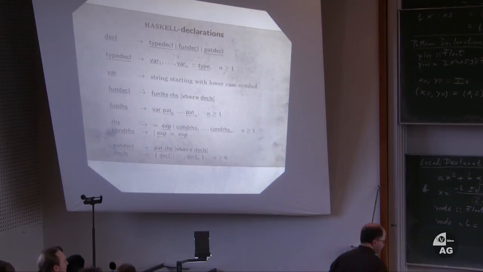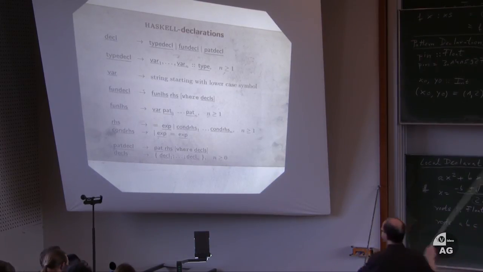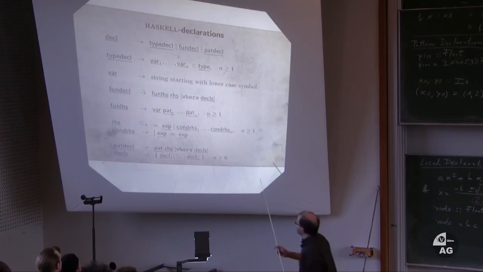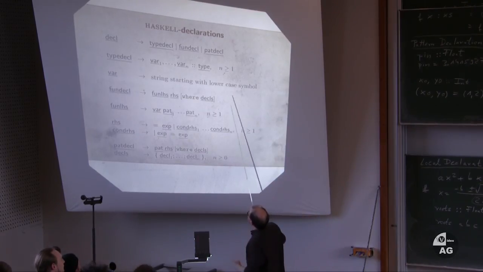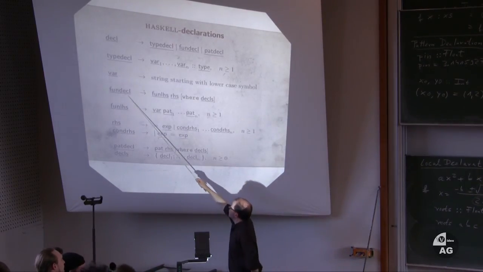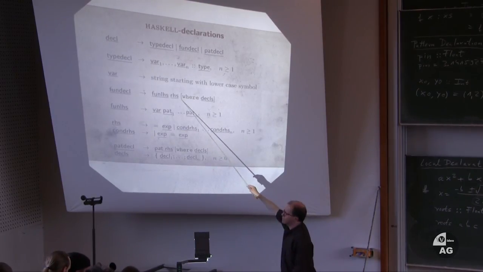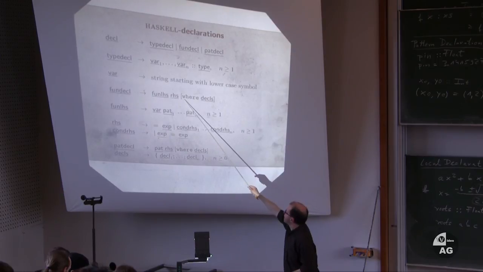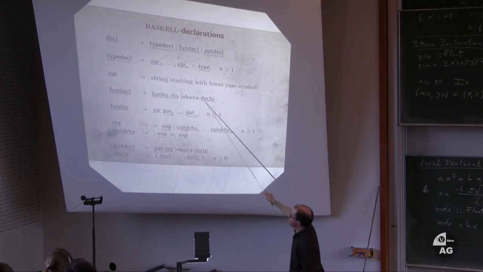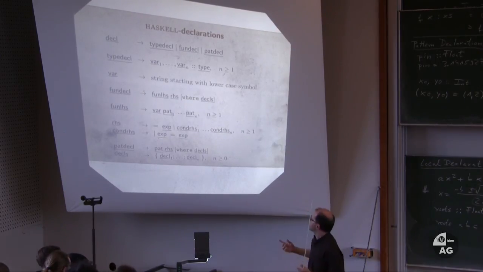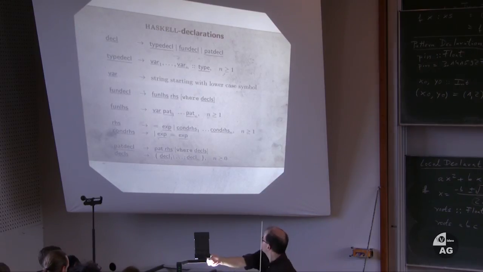Okay, so how do we extend it? Well, we extend it by these where clauses. So now suddenly, for every function declaration, we can add such a where clause in the end. And these square brackets in the grammar indicate that this can be there, but it doesn't need to be there. So this is not mandatory, but you can have it if you want.